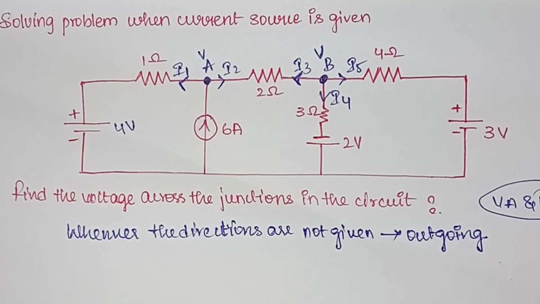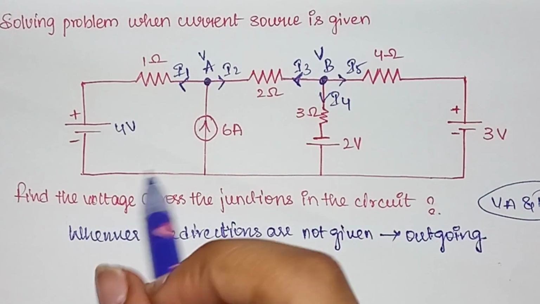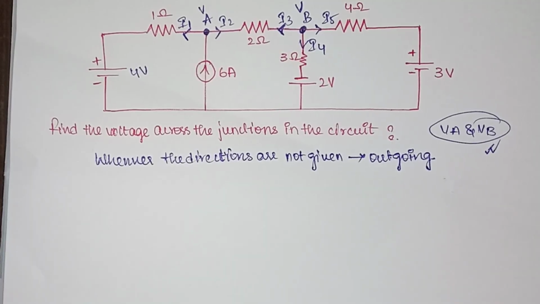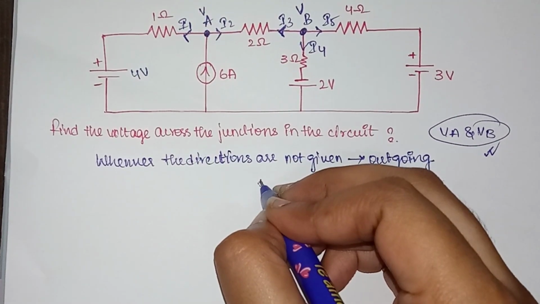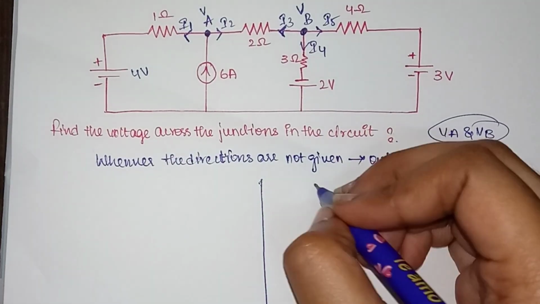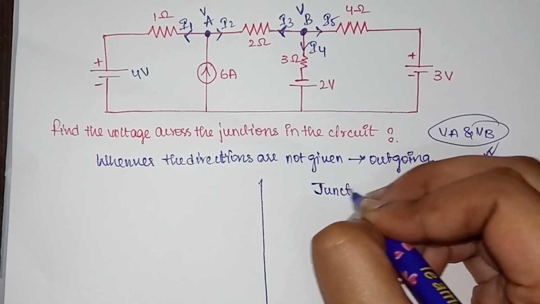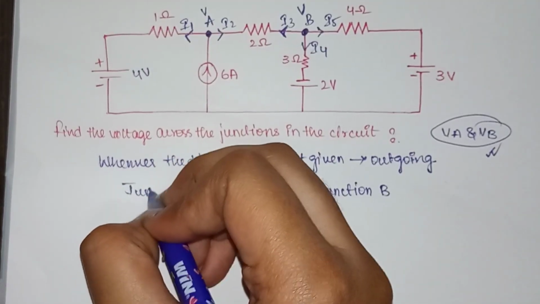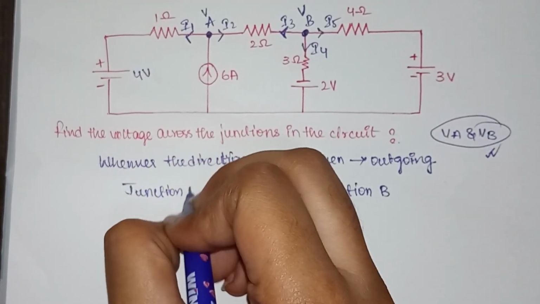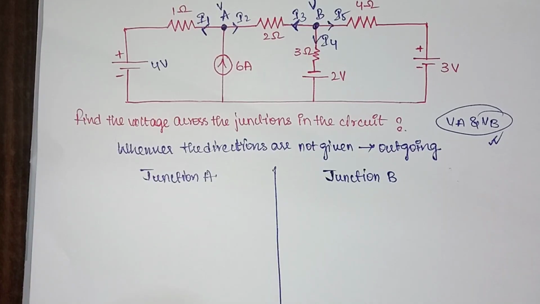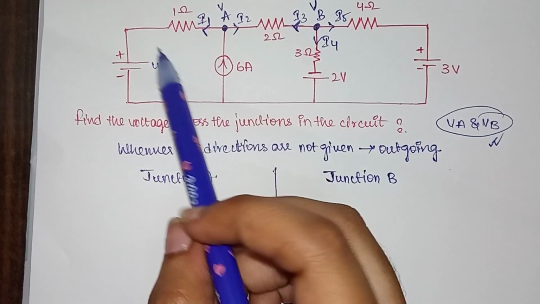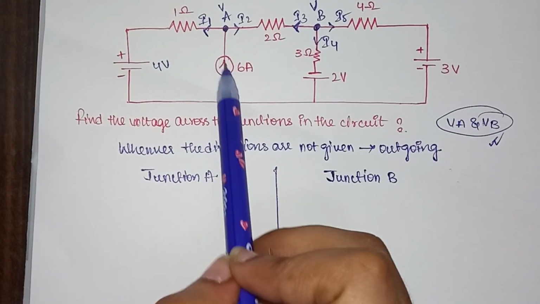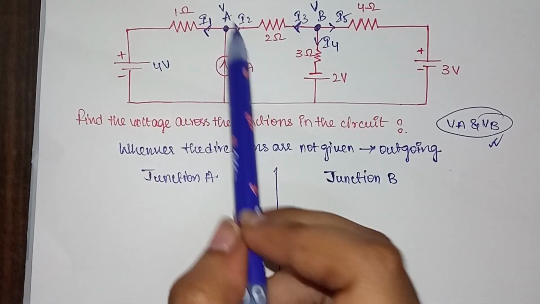Now what we'll do, we'll apply KCL equations for junction A and junction B. So this is for junction A, and this will be for junction B. A junction is also called a node. So in our junction A, what are the currents we are having? We are having I1, I2 and 6. The 6 is already in the incoming direction.